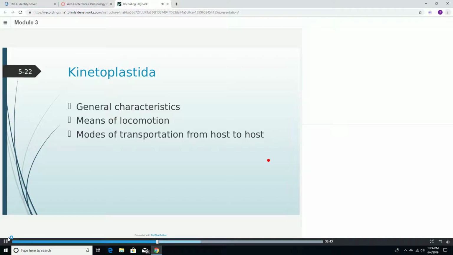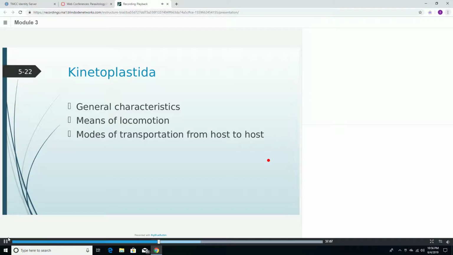But we also have a species of Trypanosoma known as Trypanosoma cruzi, and these species are found primarily in Central and South America, and more recently they're being noticed in the southwestern United States and Mexico. So California and Texas are seeing more Trypanosoma infections.